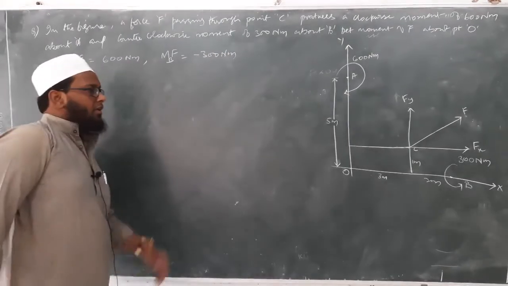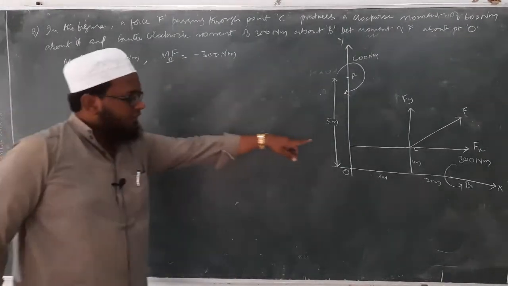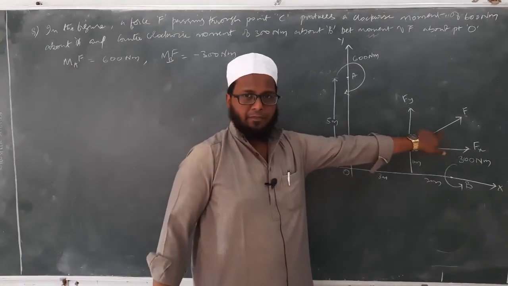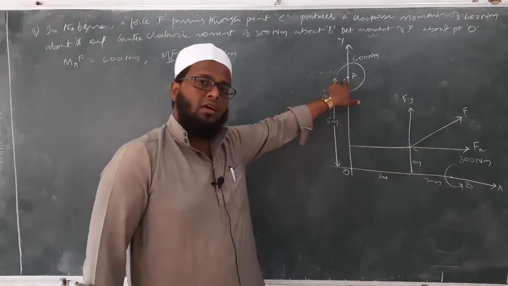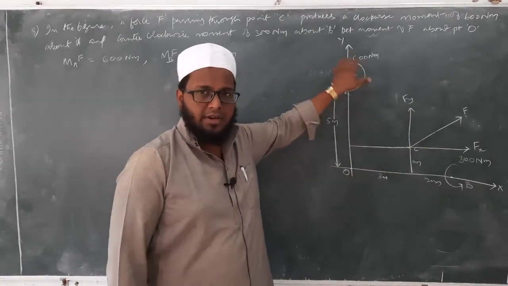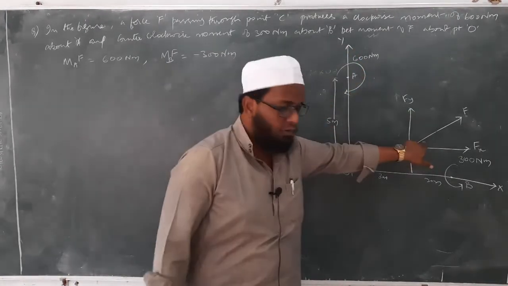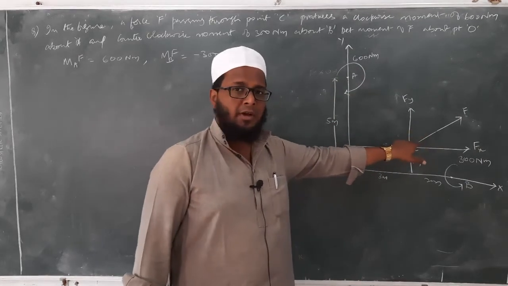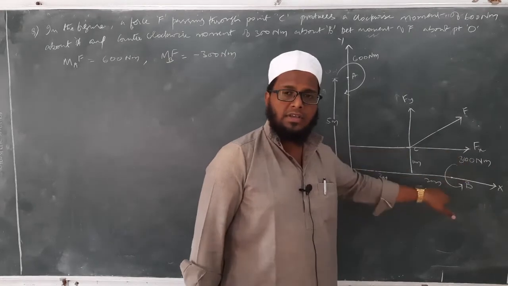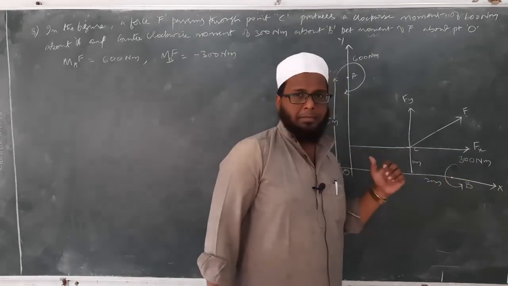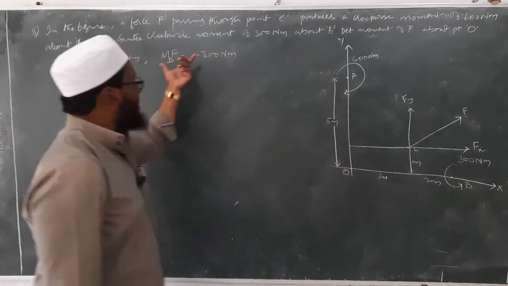So that means because of this force F, there is a moment developed at point A and the value of that moment is 600 Newton meter in clockwise, whereas the same force is developing a moment of 300 Newton meter in anti-clockwise direction at point B. Okay, these are the two things given in the question.